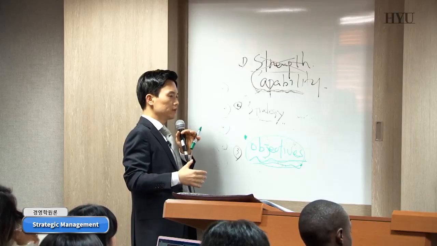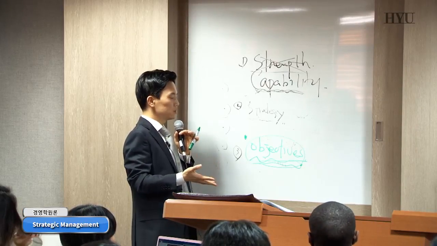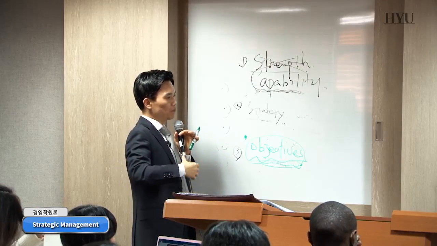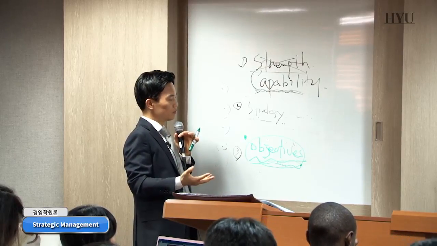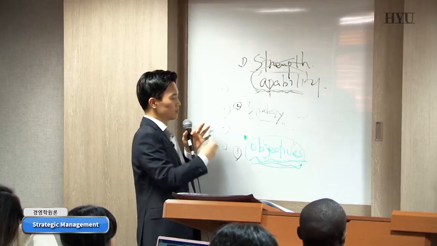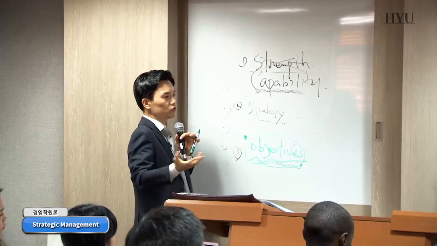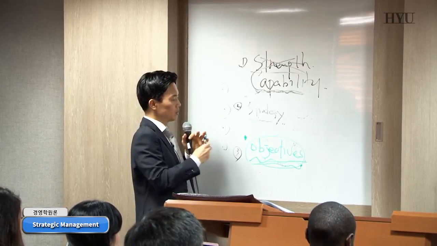Korean companies in the past, until very recently, believed that having big market share, big revenues, huge sales volume was ultimately the goal of the firm. If you achieve that, then you will prosper longer. So that may be the objective.